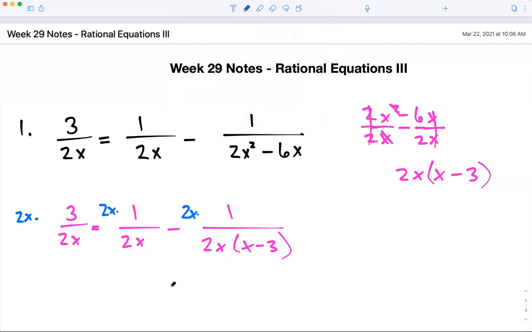But what are we not going to be able to cancel out yet? This thing right here. So because we have that thing, we're going to have to multiply everything by that as well. So x minus 3, x minus 3, x minus 3.